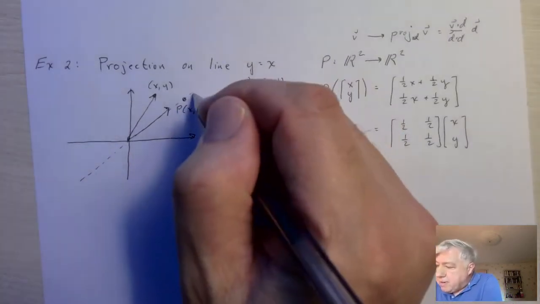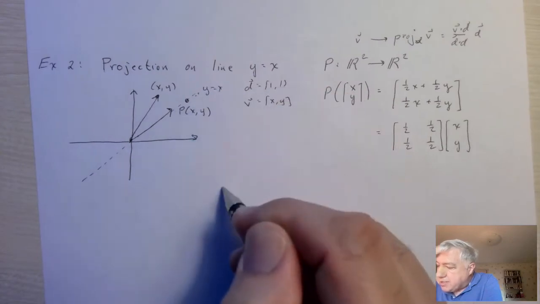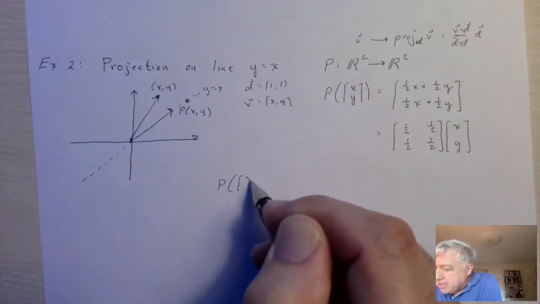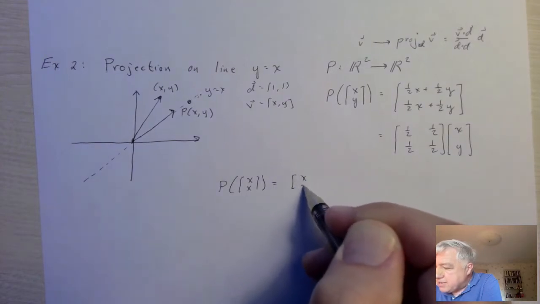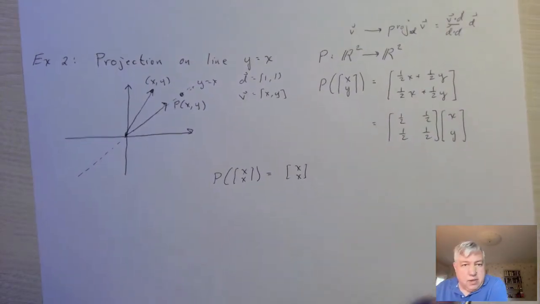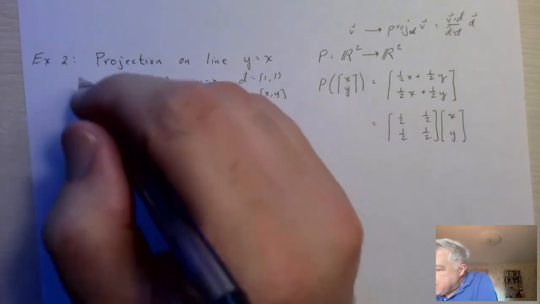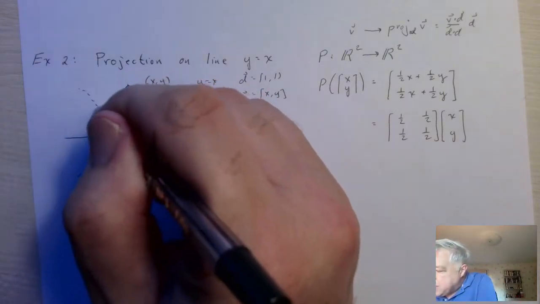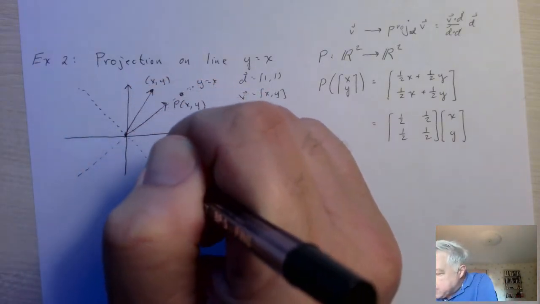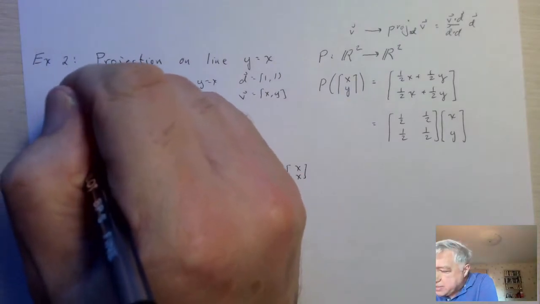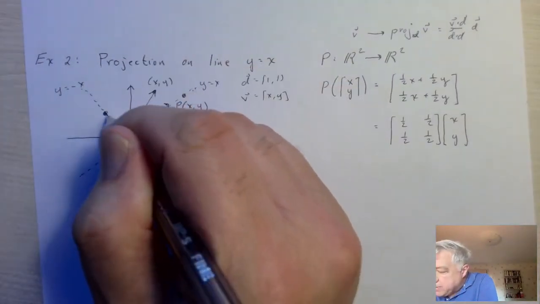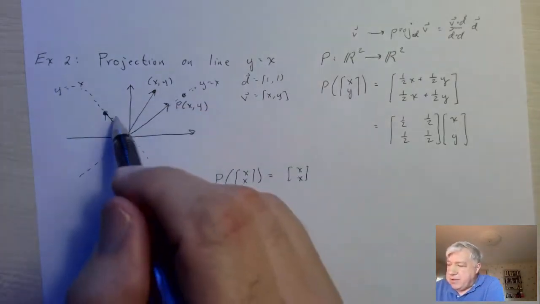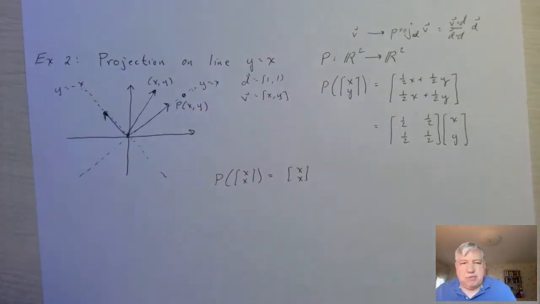So remember, this is the line y equals x, so we can see that P of x is just going to be equal to itself, x. And similarly, if we take the line that's perpendicular to this line, y equals minus x, and we take a point or a vector that's embedded in this line, the projection is just going to be 0.